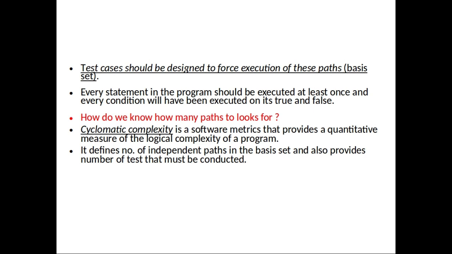Path 1 through 4 constitute a basis set for the flow graph in this figure. That is, if you can design tests to force execution of these paths, that is basis set, every statement in the program will have been executed at least one time, and every condition will have been executed on its true and false sides.